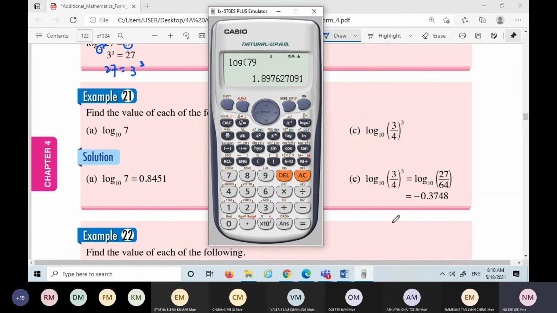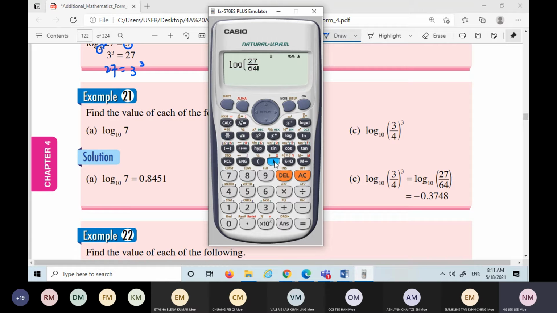This one is (3/4) to power 3. So you expand first. 3 to power 3 is 27, 4 to power 3 is 64. Then how do you press? Log 27 over 64.